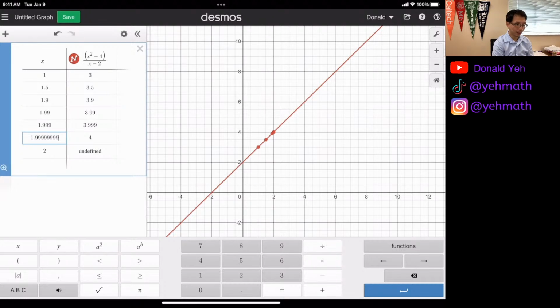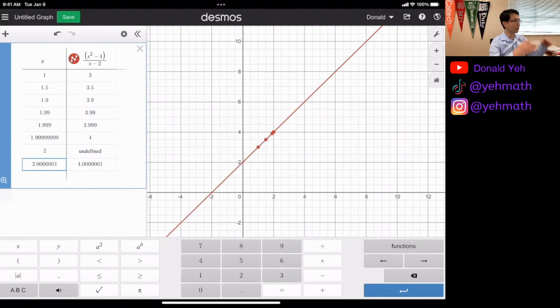So it's going to be an open hole. And you can approach from both ends too. 2.0001 is going to be 4.00001. So that's why we talk about both sides, approaching slowly until you get to the black hole. And this is a very, very tiny black hole. Okay.